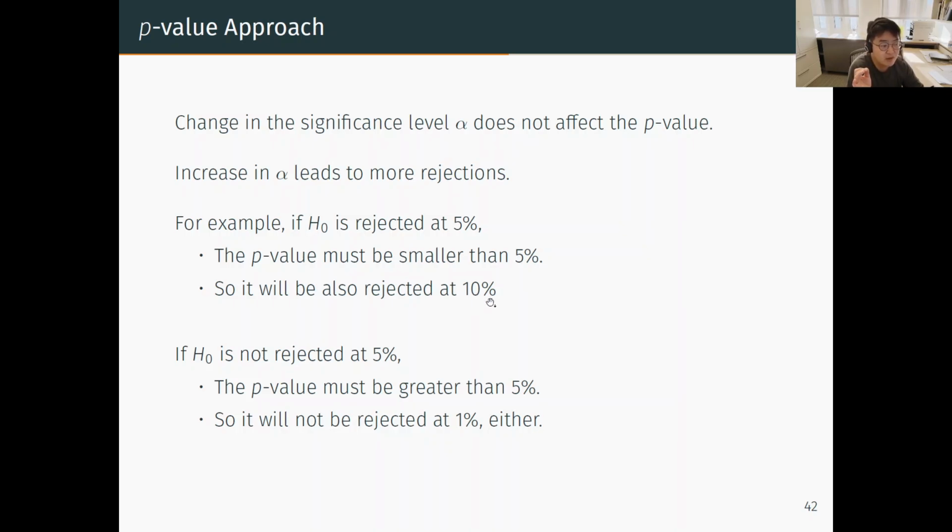On the other hand, if the hypothesis was not rejected at 5%, then it will not be rejected at any significance level lower than 5%. So it's always one directional. As you increase alpha, rejection always increases. It's more likely to reject. That's a simple recap of the p-value approach.